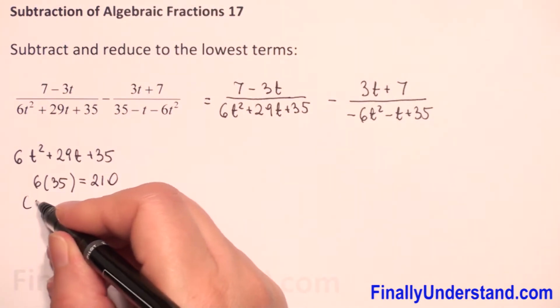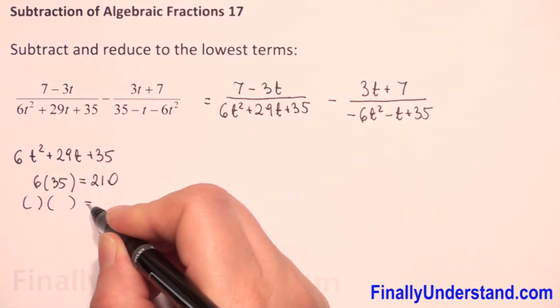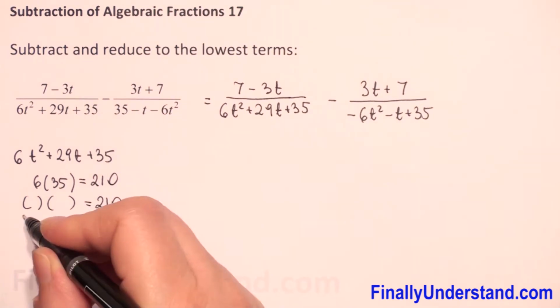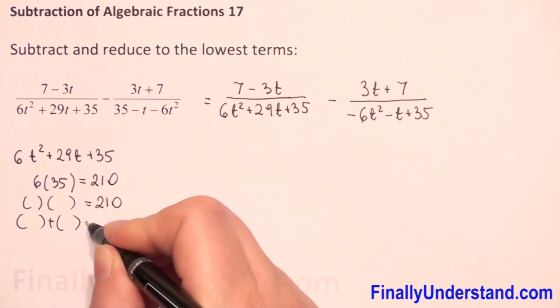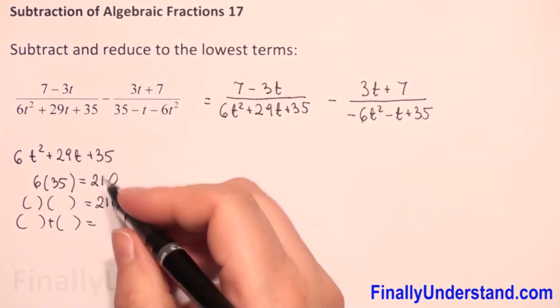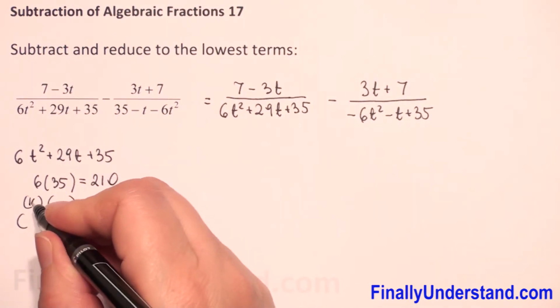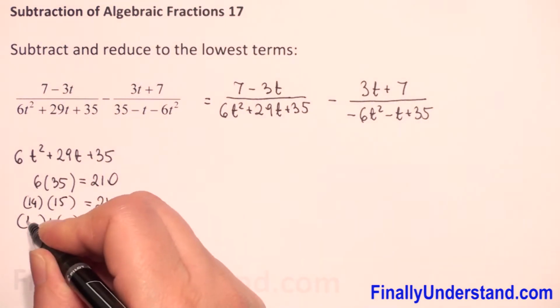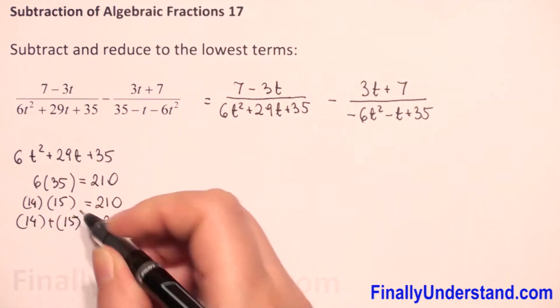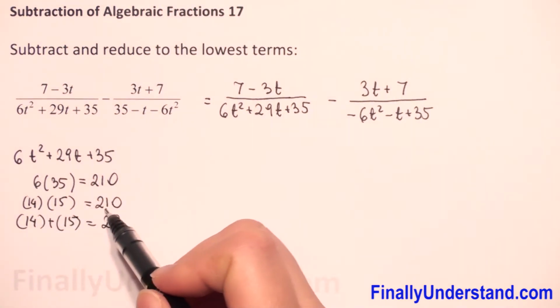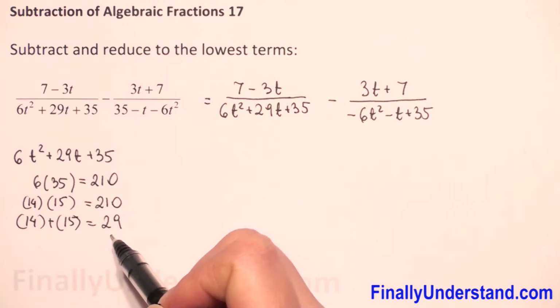So I need to find two numbers which I multiply, and I will have 210, and when I add these two numbers, I need to have 29. So it will be 14 and 15, of course. 14 times 15 is 210, and when I add, it will be 29.